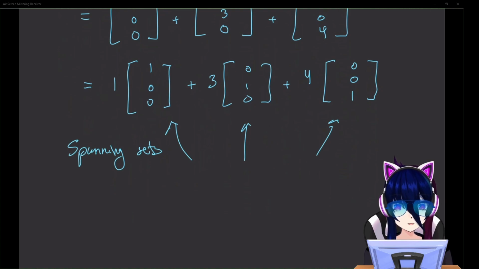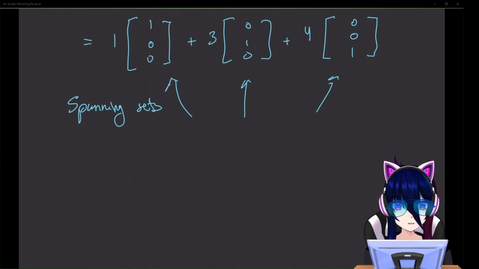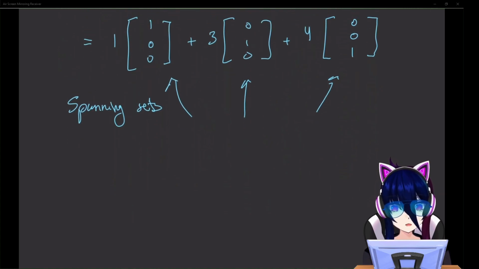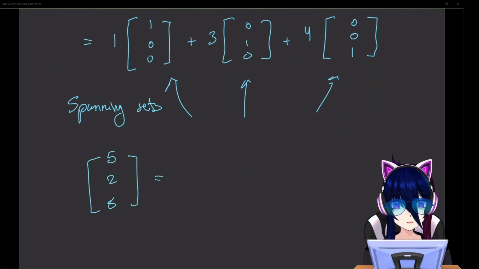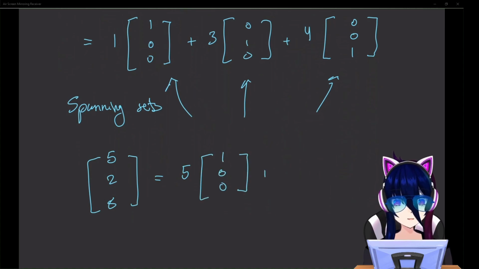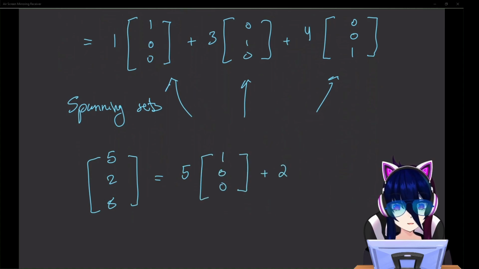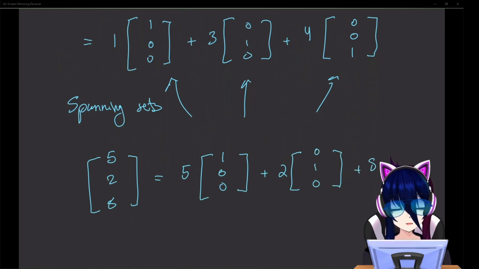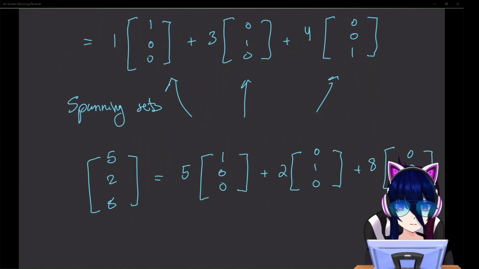So for example, we created the vector 1, 3, 4. We can also create the vector 5, 2, 8 using that same sort of practice. 5 times a 1 in the first dimension, plus 2 times a 1 in the second dimension, plus 8 times a 1 in the third dimension.